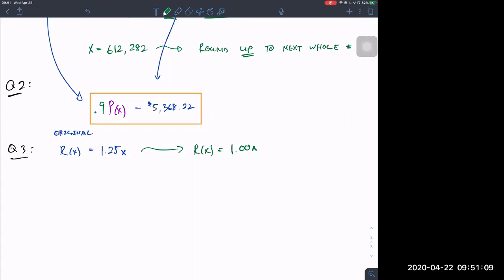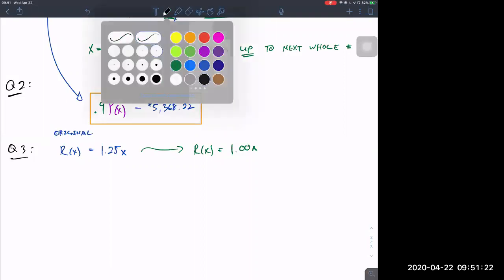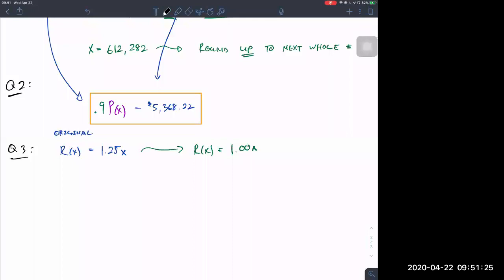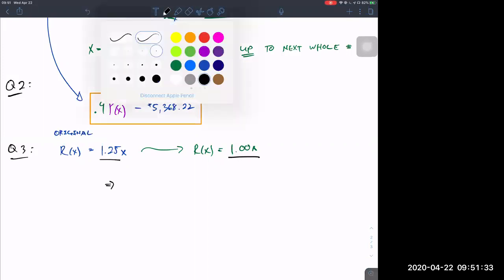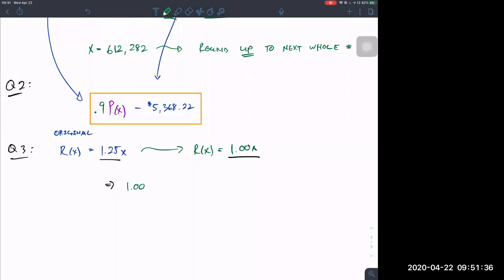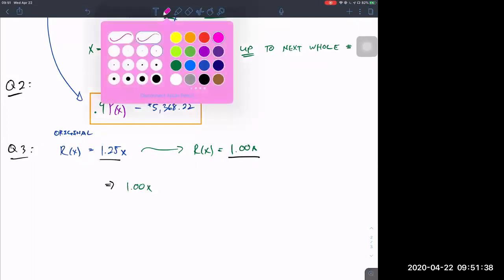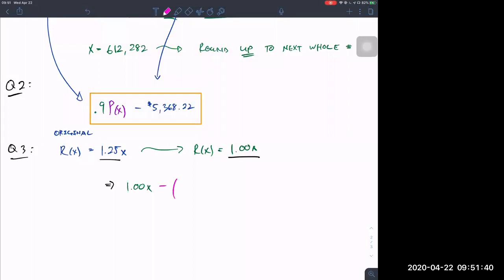Okay. And then again, this is just story ad lib, but the contractors are willing to still produce marshmallows at the same rate. So that means basically don't change your cost function. And now I ask, how does your model change for the third month? So the long answer is to realize that you went from $1.25 to $1. So that means that your profit function now is $1x minus what you had in the cost function.